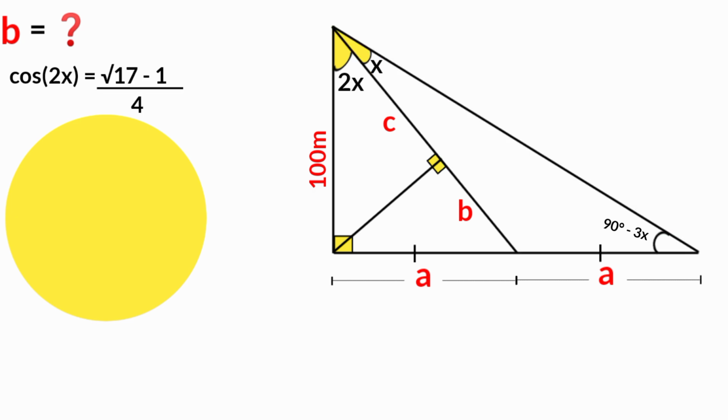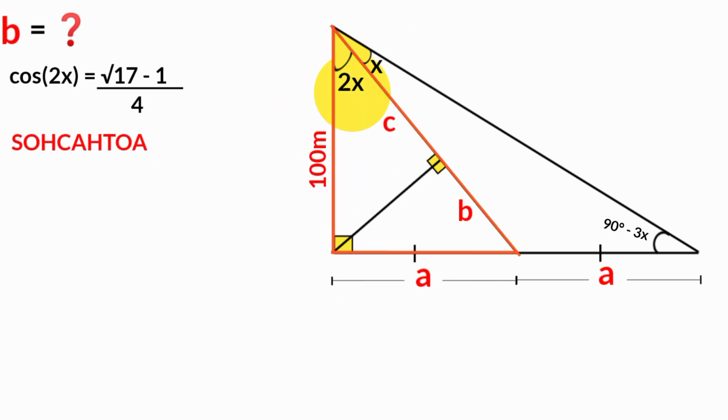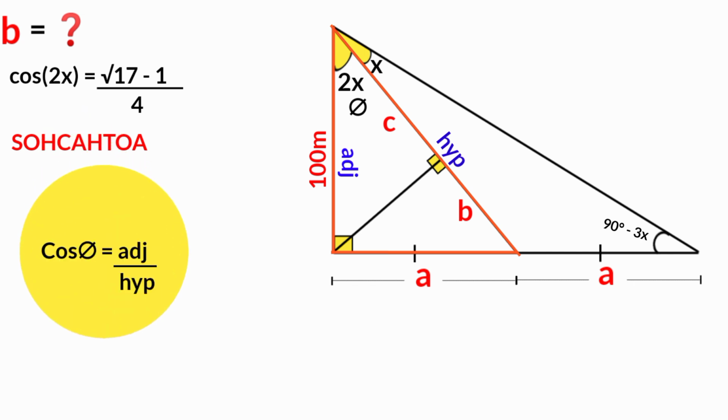Keep it aside. Now look at this triangle. Use the SOHCAHTOA. Taking this angle as theta, this will be the adjacent and this is the hypotenuse. From here, cos theta equal to adjacent over hypotenuse. Theta is 2x, adjacent is 100, and hypotenuse is c plus b.